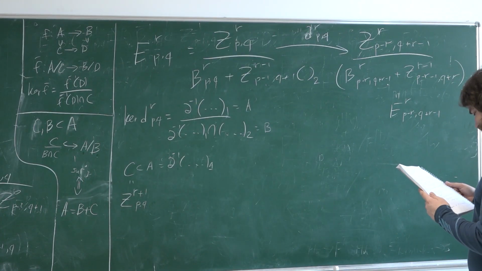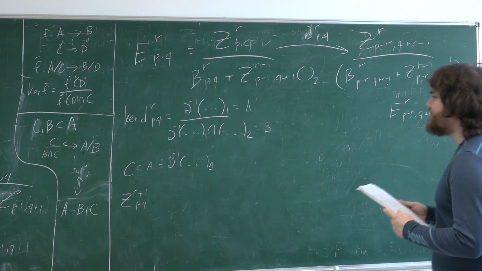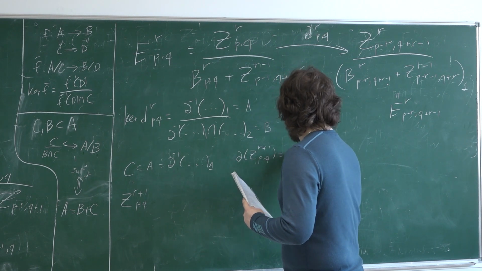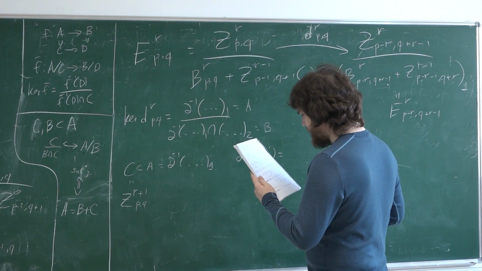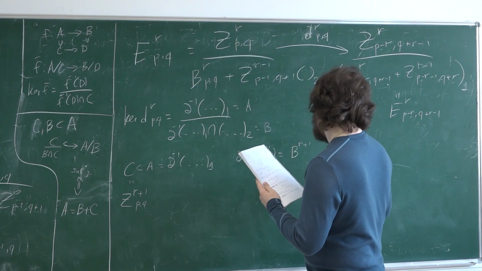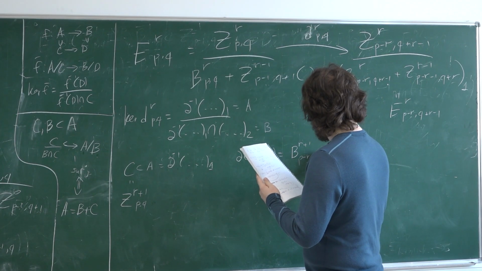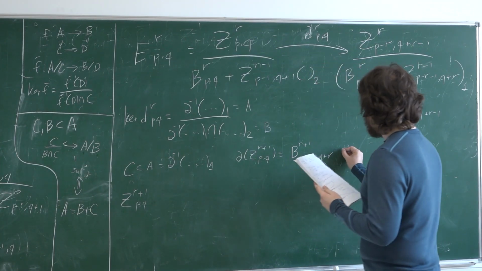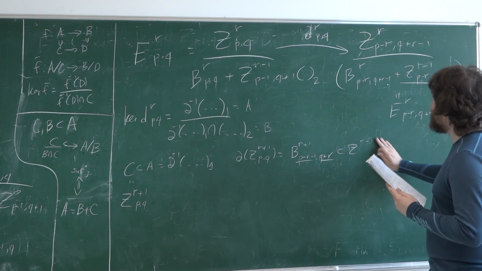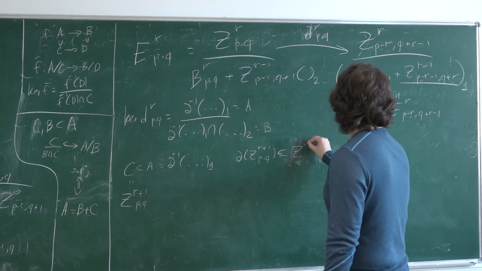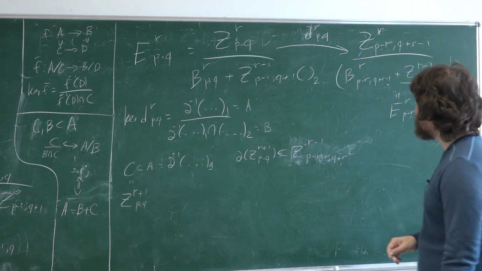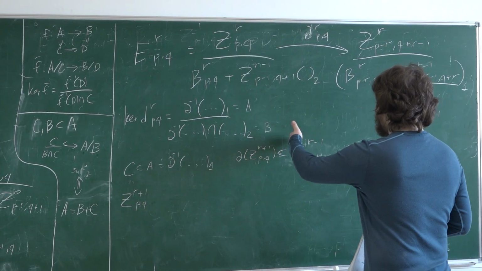It is because D of Z R plus 1 PQ is by definition B R plus 1 P minus R minus Q plus R. And this lies in Z R minus 1 minus R minus 1 Q plus R. Why? Because these are differentials and differentials go to 0.